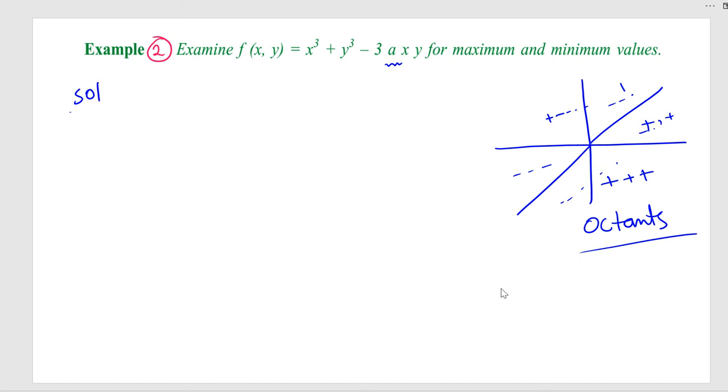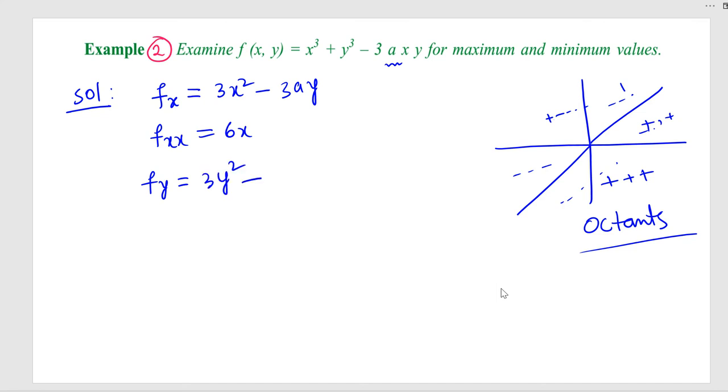So let us try to solve. We try to calculate fx. This is nothing but 3x square minus 3a into y. Then fxx is 6x minus 0, that means 6x only. Then we calculate fy.